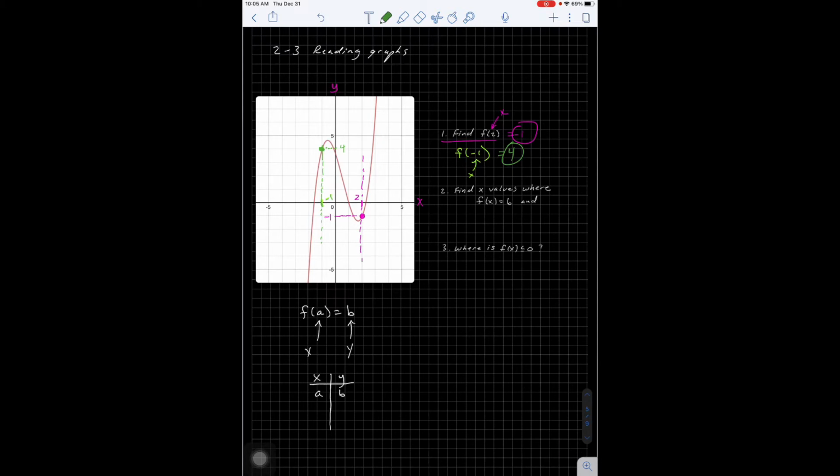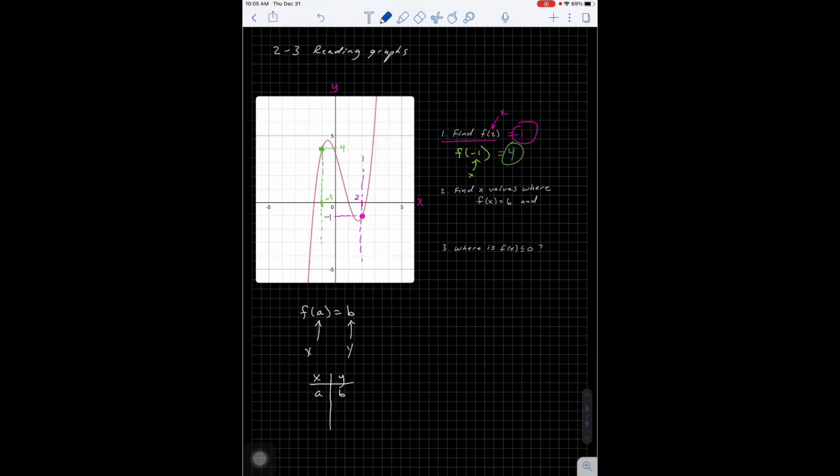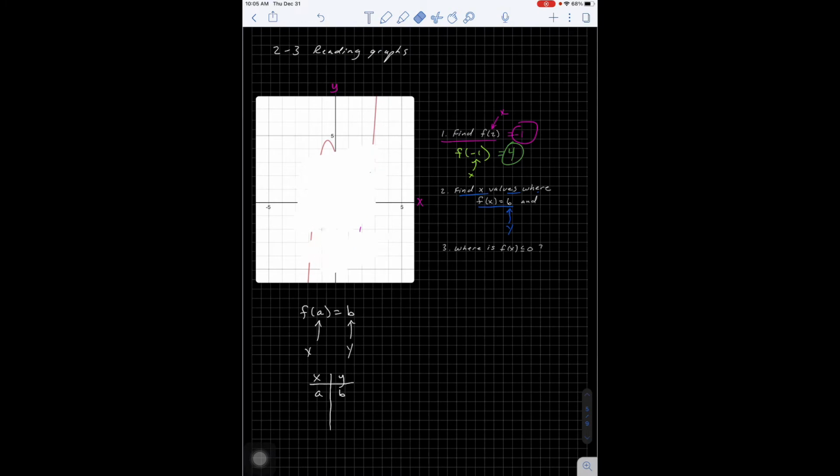Alright, also, I don't have to give you an x value, I could give you a y value. Let's look at how that works. Here I have find the x values where f of x equals 6. So this 6 is in the equal position, that means it's a y value, and I'm asking you for the x value associated with that. So now, instead of finding a number on the x-axis, I'm going to find it on the y-axis.